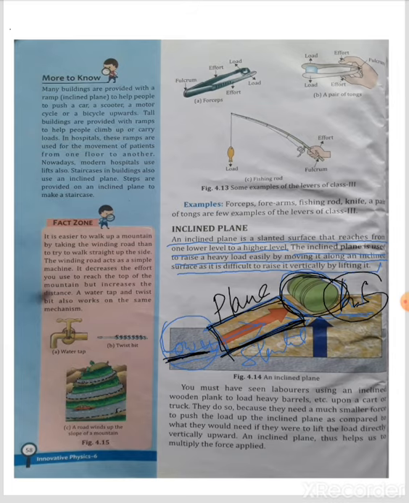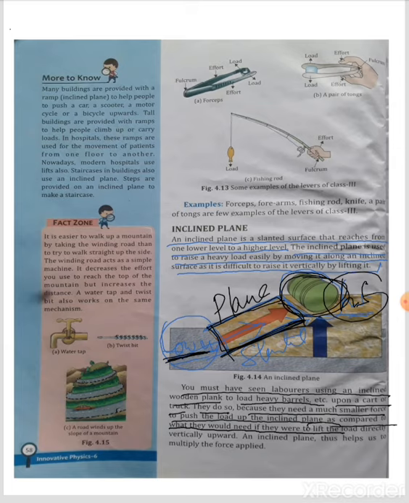All right, so here you can see, you must have seen laborers using an inclined wooden plank, the one I told you just now, isn't it, to load heavy barrels etc. upon a cart or a truck. They do so because they need a much smaller force to push the load up the inclined plane, okay, as compared to what they would need if they have to lift it.